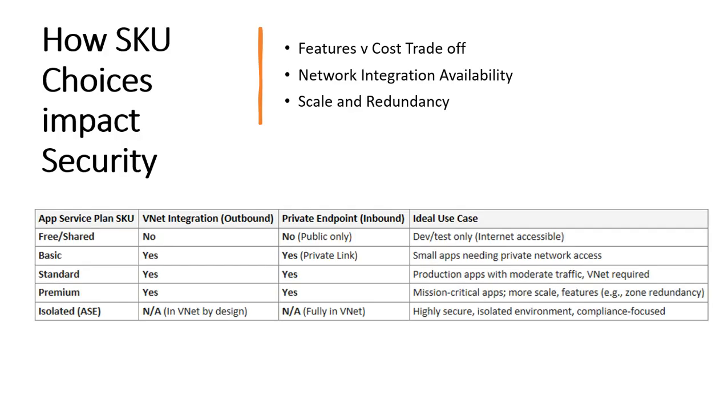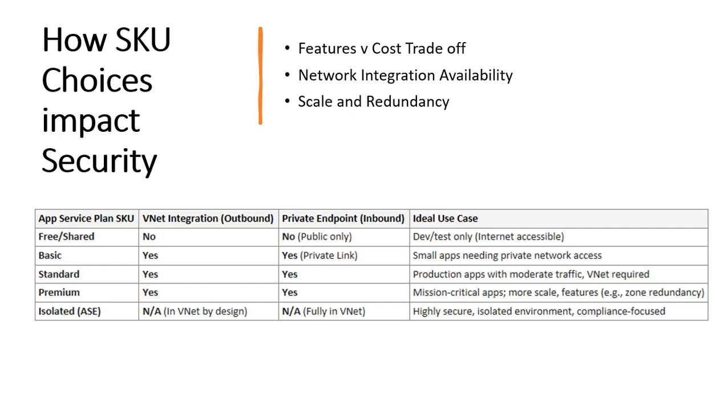Just throwing this up on screen, if you take a look at the App Service I'm talking about here, you've got the various different SKUs on the left-hand column. VNet integration and private endpoints are not available in the free or shared tiers, and that's really only for dev and test cases, but we're actually closing that gap to a point where they're not really used.